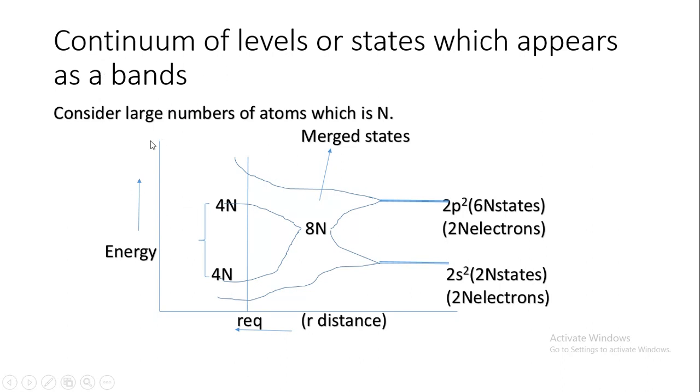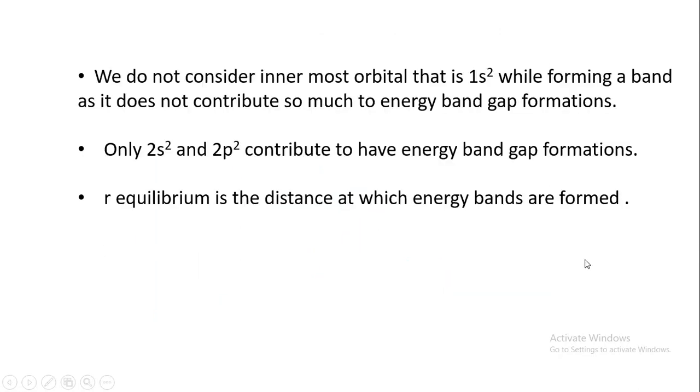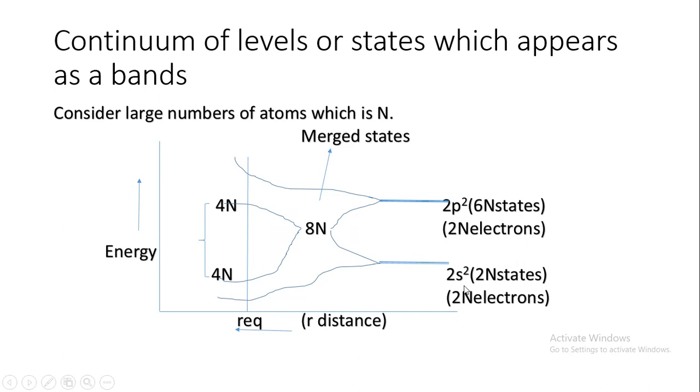So let us consider a large number of atoms, which is n. In any carbon crystal there is a large number of atoms, n. Now again we are taking this y-axis, where energy is, and this is the distance. Here you can see we are not considering 1s2. We are starting with 2s2, where 2n electrons are there.